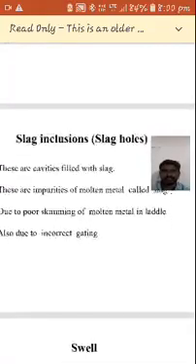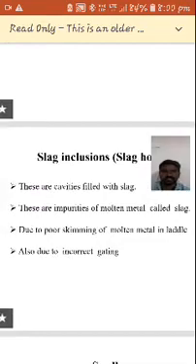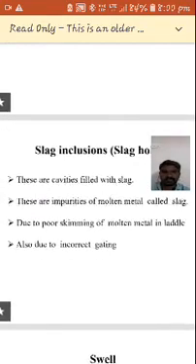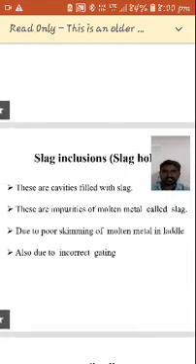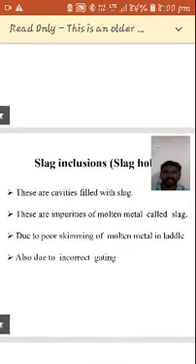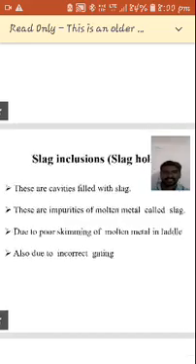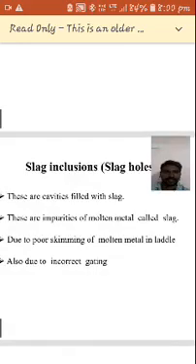Next is slag inclusions or slag holes. These are cavities filled with slag.